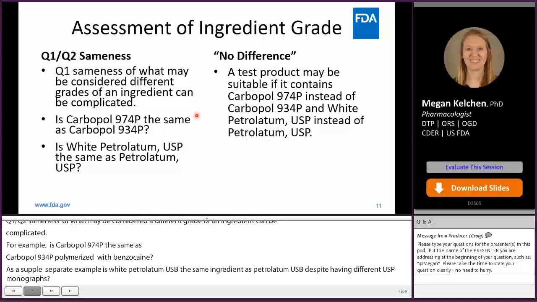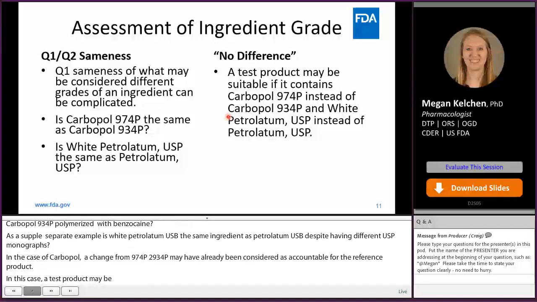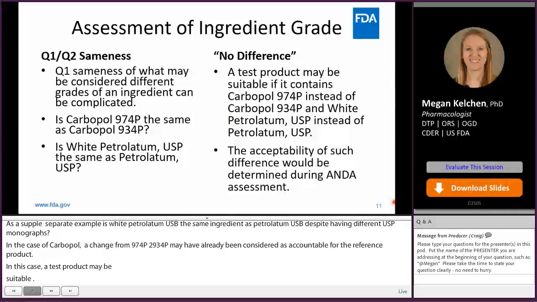In this case, a test product may be suitable if it contains carbapol 974P instead of carbapol 934P. In the second example, white petrolatum is considered to be a more refined grade of petrolatum, so it may be acceptable for a test product to use white petrolatum when the RLD product uses petrolatum. The acceptability of such difference would be determined during the ANDA assessment.